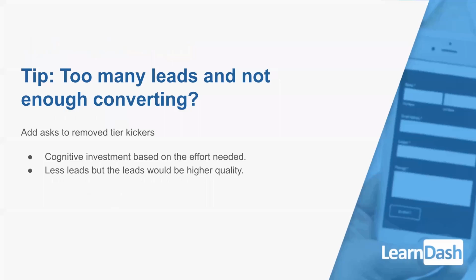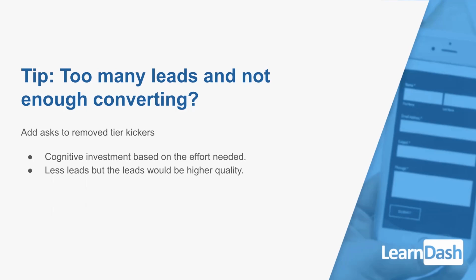Now, there's one other option opposite to this, which is what happens if you have a free registration, but you're paying for the course, and you're having too many people register, but not enough people are actually signing up. Well, you can start adding more inputs to your sign up, make it a little bit more involved, and by doing that, you're going to produce a higher quality lead for anyone who's filled it out.